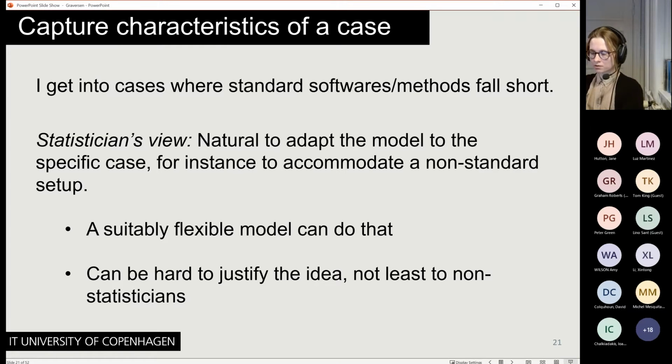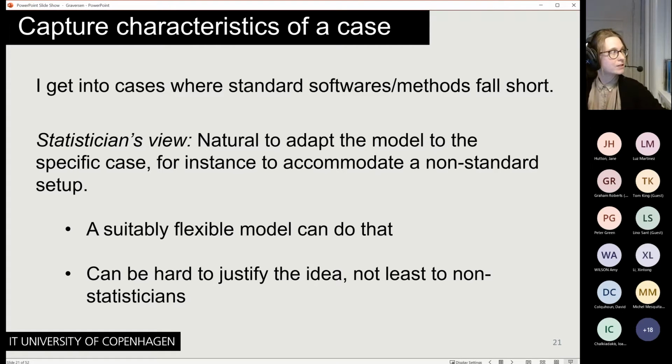But the reality that I've experienced is that I get into these stranger cases where standard methods of software fall short. And as the statistician, it's like, well, okay, I have some new data and I look at it and I adapt the model so that it meets the requirements, the characteristics of the specific case. And I can do that if I have a suitably flexible model.